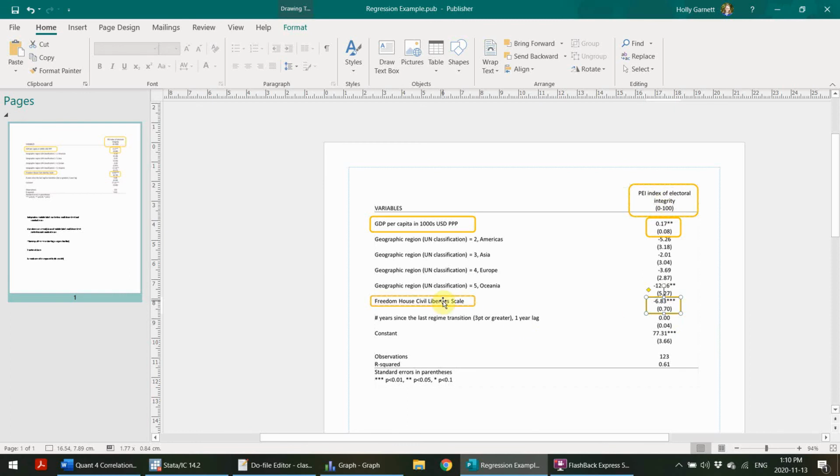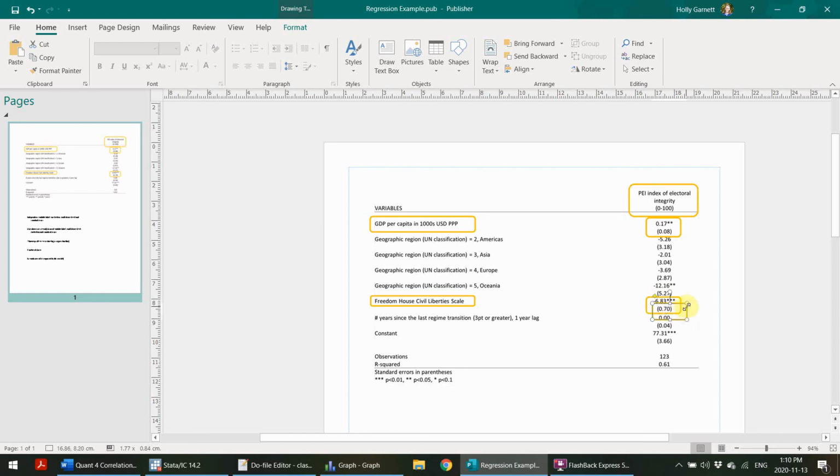Because we know that the civil liberties scale is again, 1 is the best, 7 is the worst. We can see 3 stars, so we can be at least 99% confident, or P is less than 0.01. Okay?